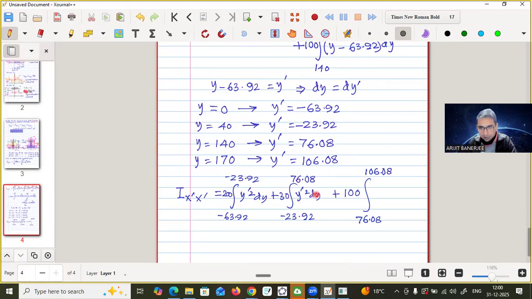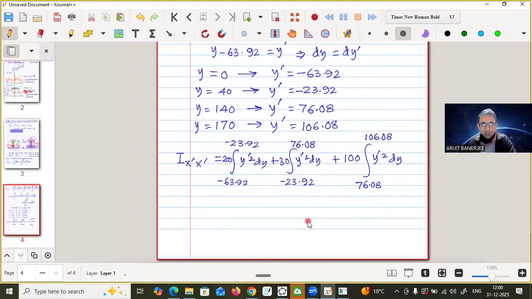How much is that? y prime square dy. Now what is the value of the integral of y prime square dy? Simply y cube by 3.